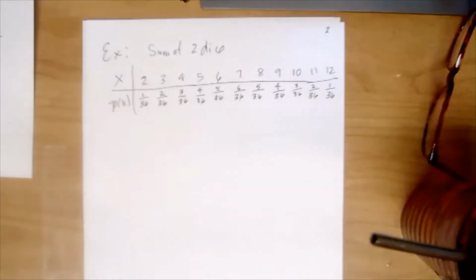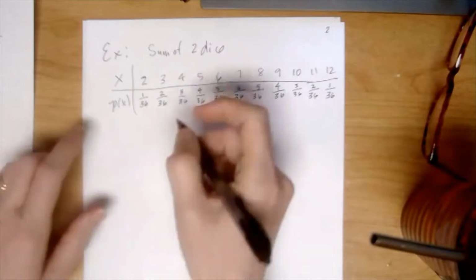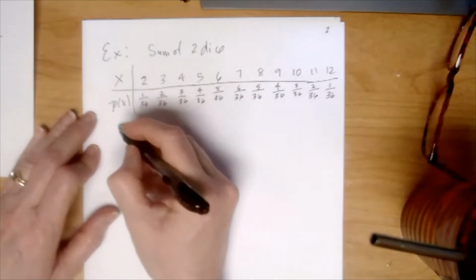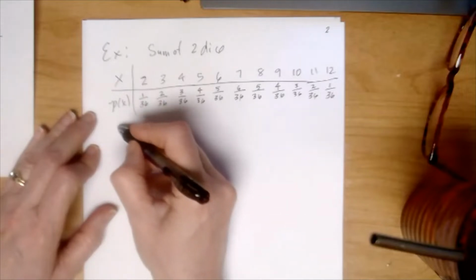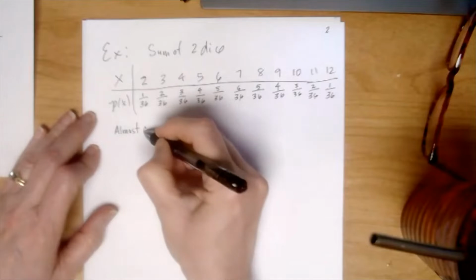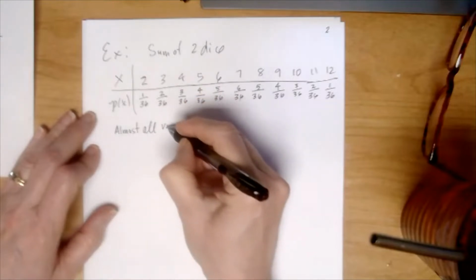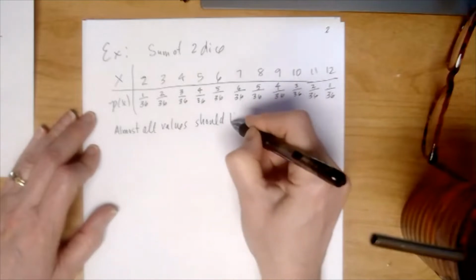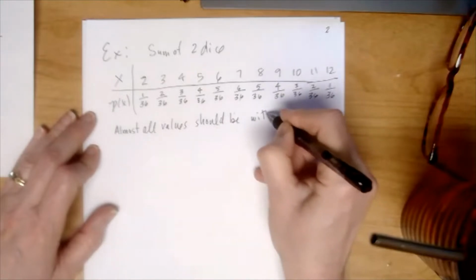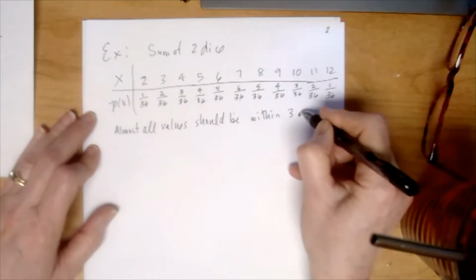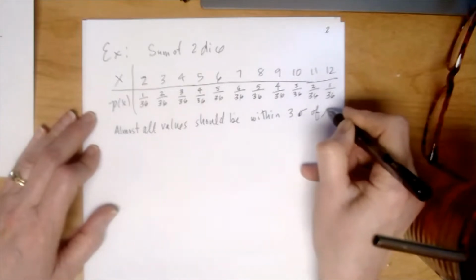All right, so let's review. All right, so there's my distribution. And here's the question. All right, so the empirical rule says that almost all values should be within 3 standard deviations of the mean, 3 sigma of mu.